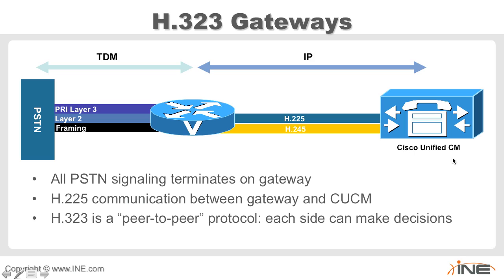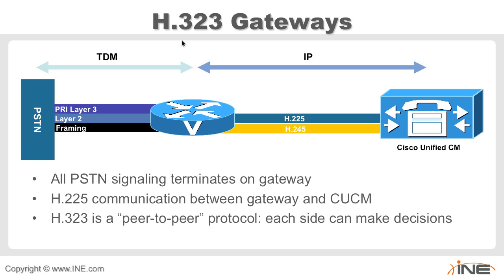We can integrate that directly and control that directly from H323. But we really don't use MCUs with H323 anymore. We do use multi-point control units, but they're registered directly to CUCM for telepresence and other video conferencing.